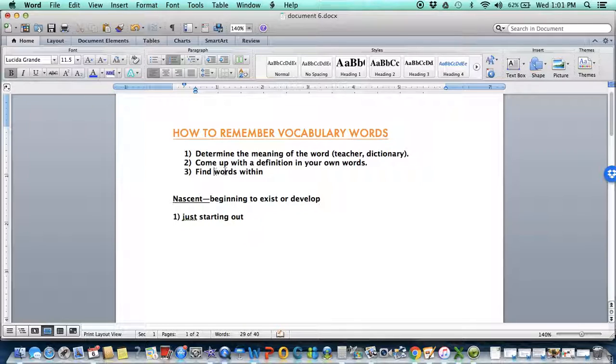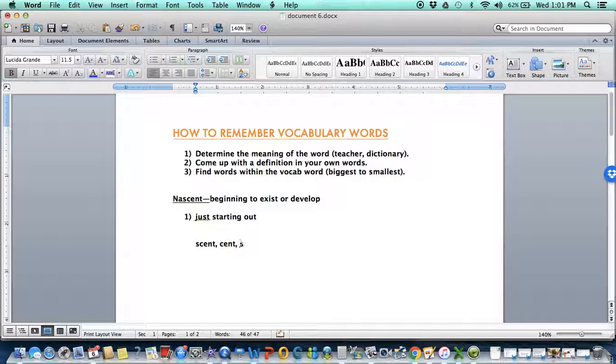All right, the next step is to find words within the vocab word. And you want to go from biggest to smallest when you look. Okay, so if I do this, words that I see, well, I see the word scent, like a rose scent.